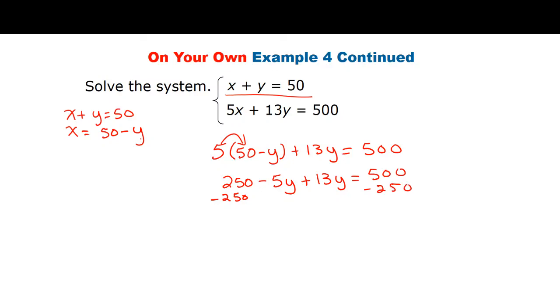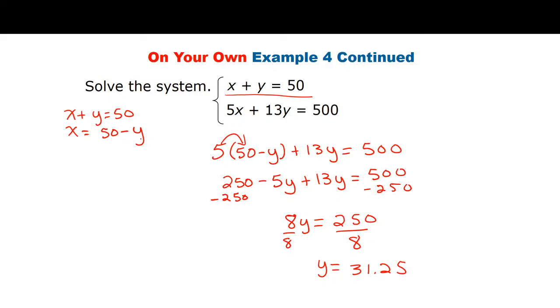And I get negative 5 plus positive 13 is positive 8y equals 250. Divide both sides by 8, and I get y equals, actually, let's see, y equals 31.25.